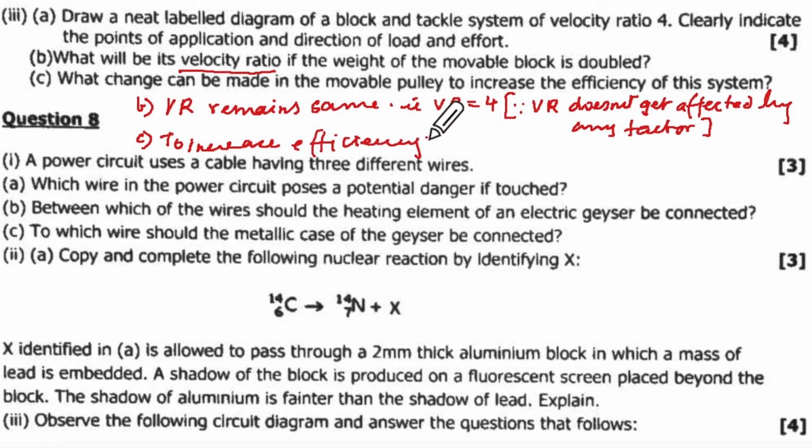If any time there is a block and tackle system or a movable pulley involved, to increase the efficiency, number one thing will be to decrease the weight of the lower block. This is the number one method.